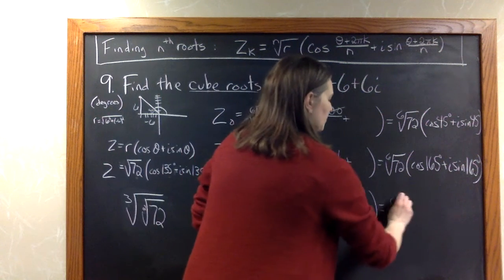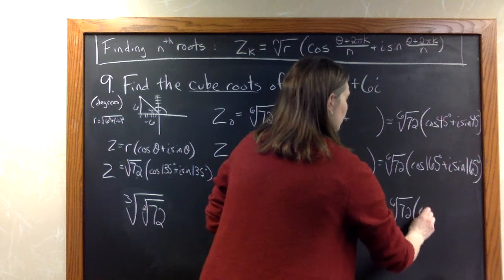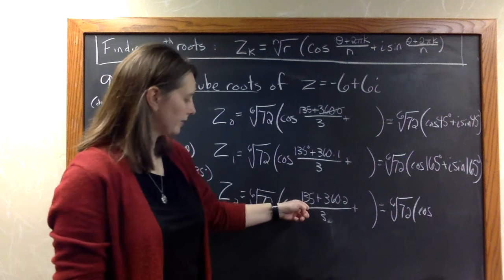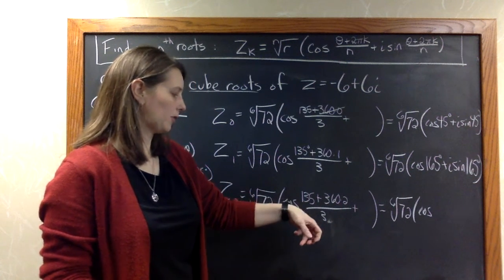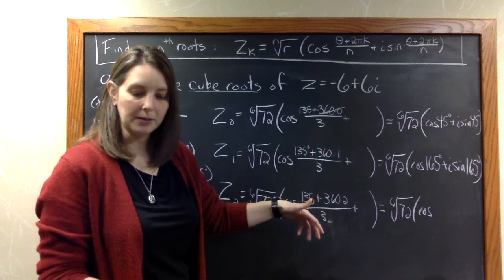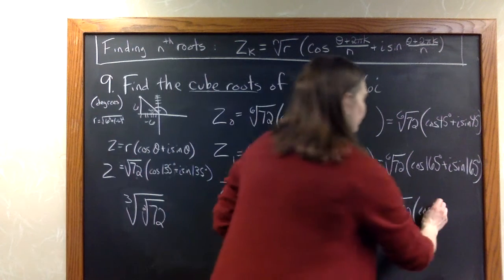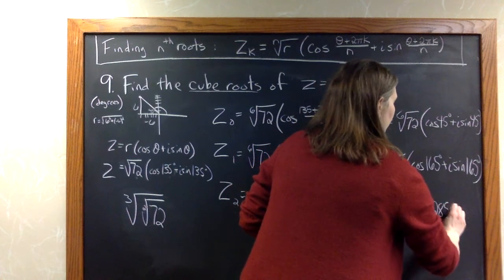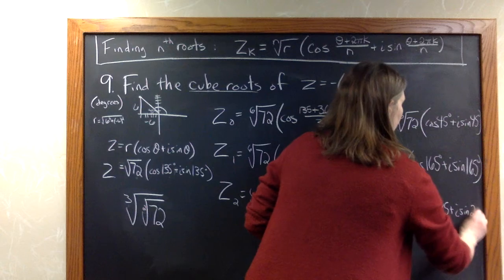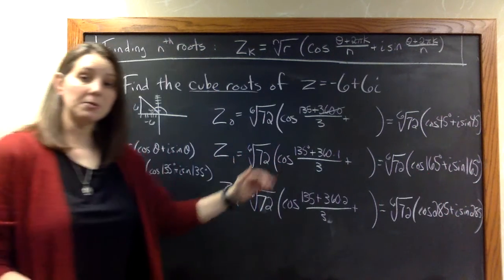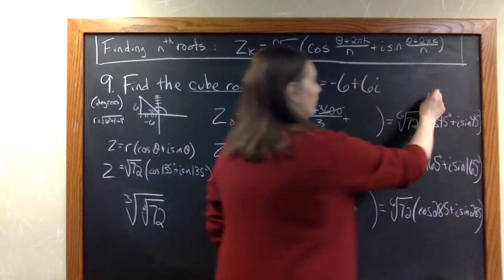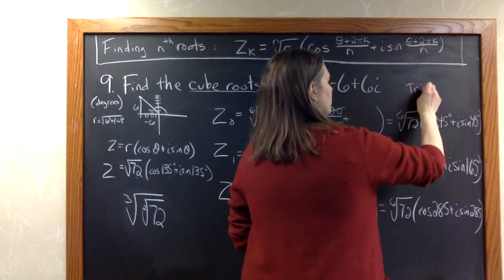So we get the 6th root of 72, and we have 135 plus 720, and we're going to divide that whole thing by 3. I can't do that in my head, but I wrote down the answer, 285. So those are our three answers in trig form.